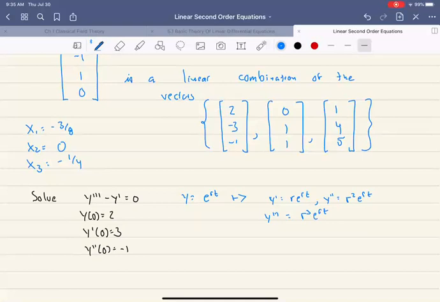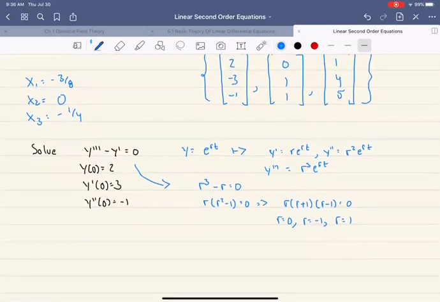Our differential equation becomes an algebraic equation, r cubed minus r equals 0. Factoring out an r, r equals 0, r equals negative 1, and r equals 1.